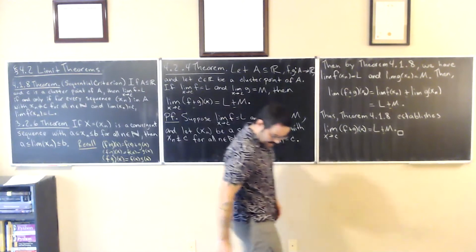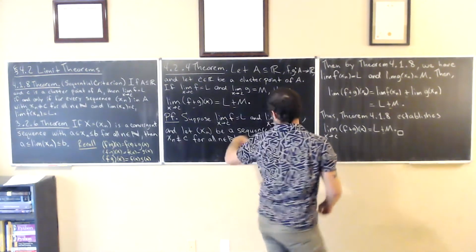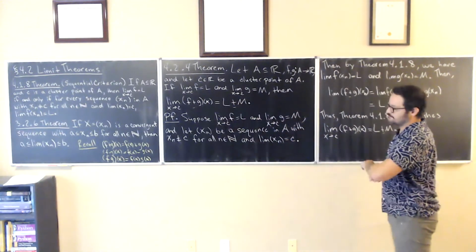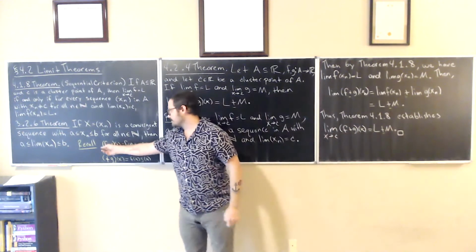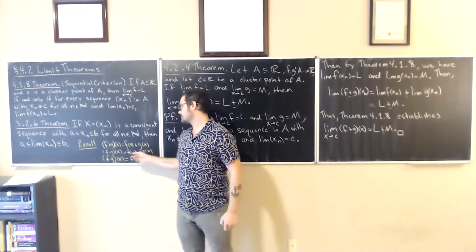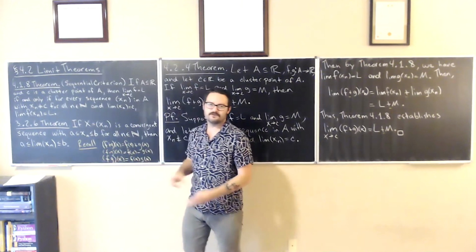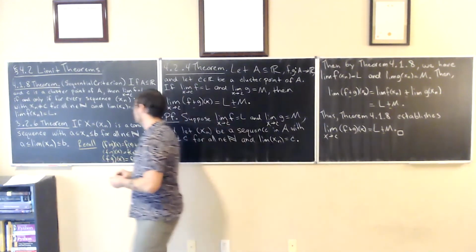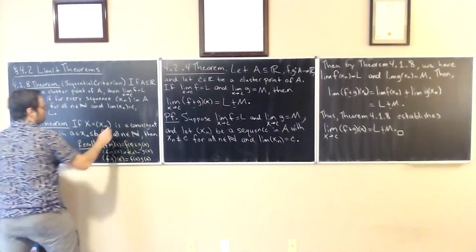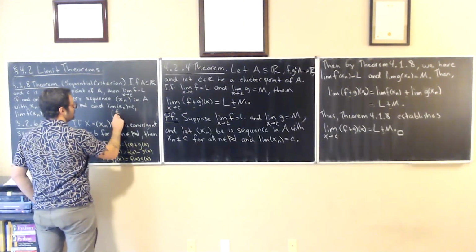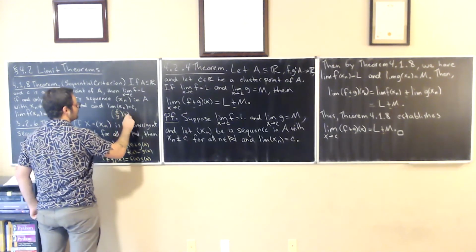So then the same exact argument will show that the limit of this is equal to the limit of that, and that is equal to the limit of those. And in a similar fashion, you can show f over g of x.